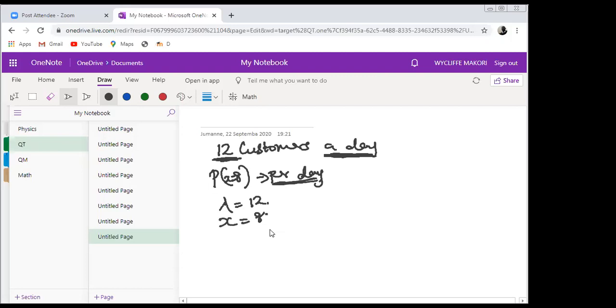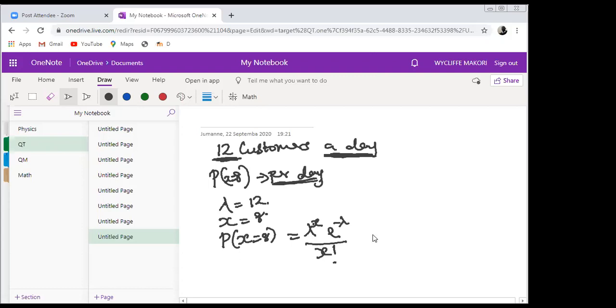So we can come here now and we get that probability. The probability that x is equal to 8 will be equal to lambda power x, multiplied by the Euler's constant power negative lambda, and then divided by x factorial. In this case, our lambda is 12.